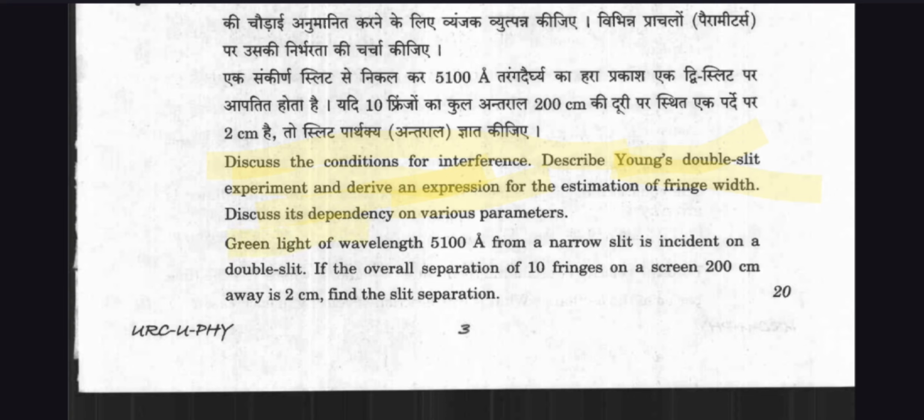Green light of wavelength 5100 angstrom from a narrow slit is incident on double slits. If the overall separation of 10 fringes on a screen 200 cm away is 2 cm, find the slit separation.